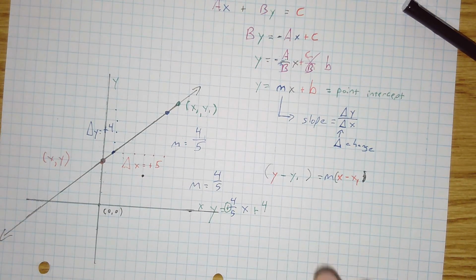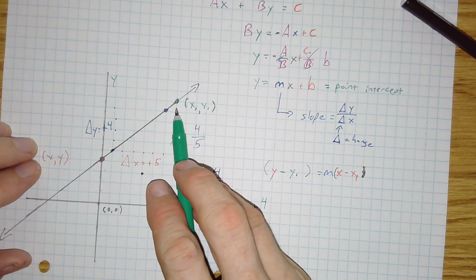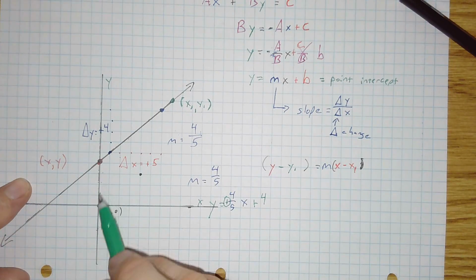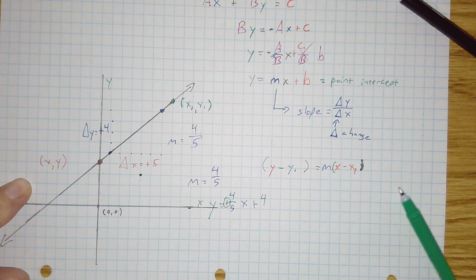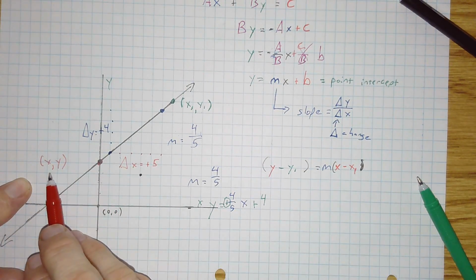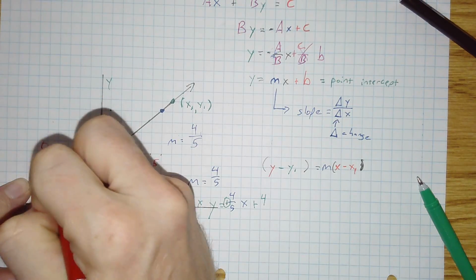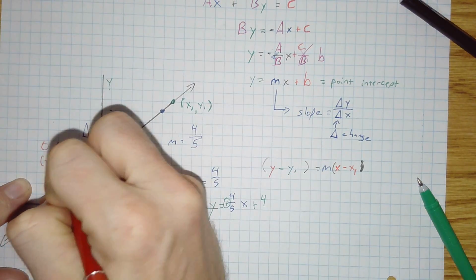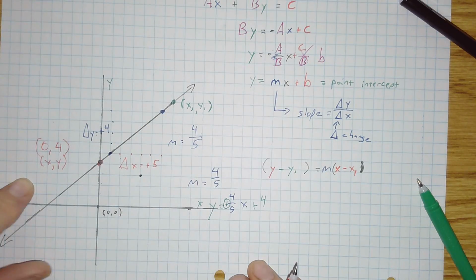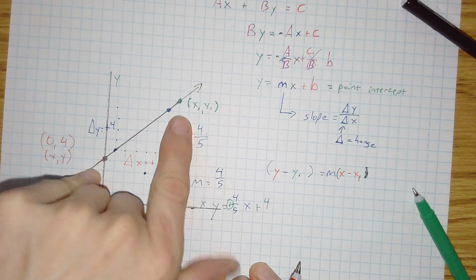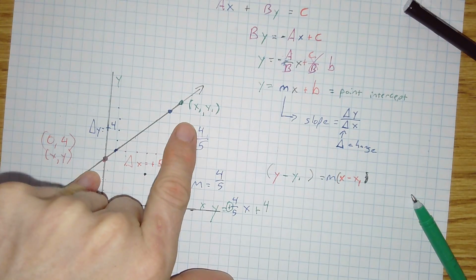Okay, so say I don't know this point, right? But I know this point: we know x is 0, and we know that y is 4. Okay, and we're trying to figure out this green point right here.